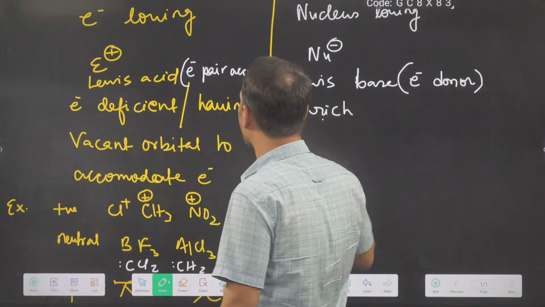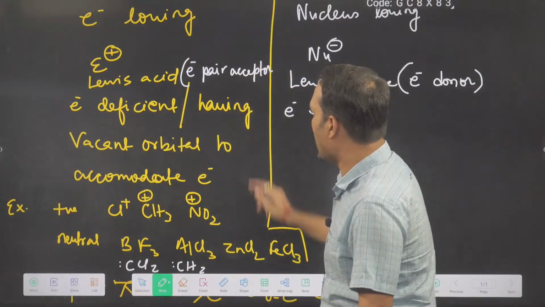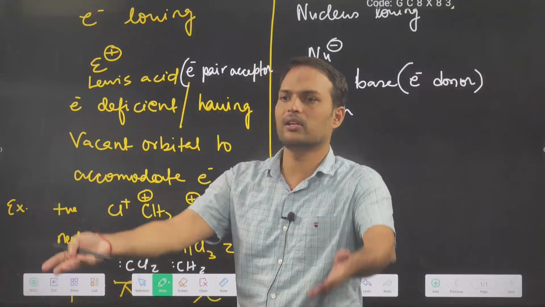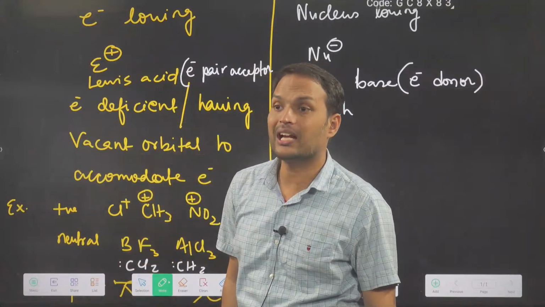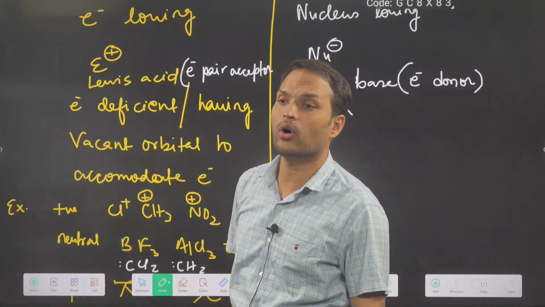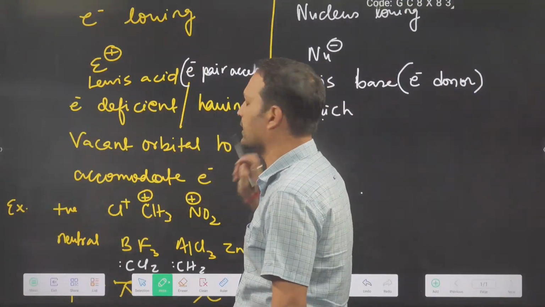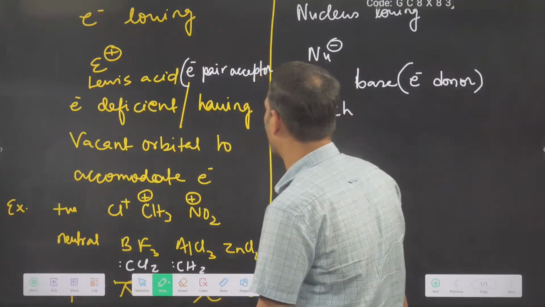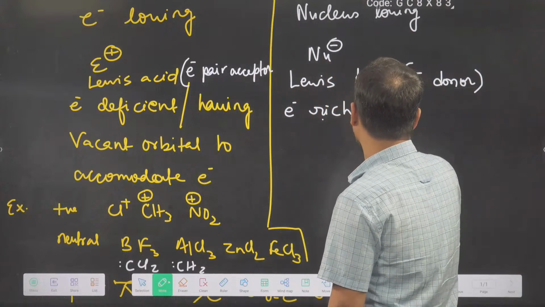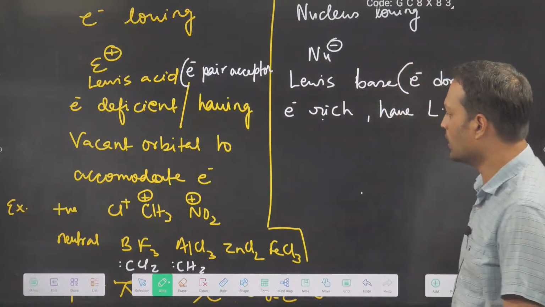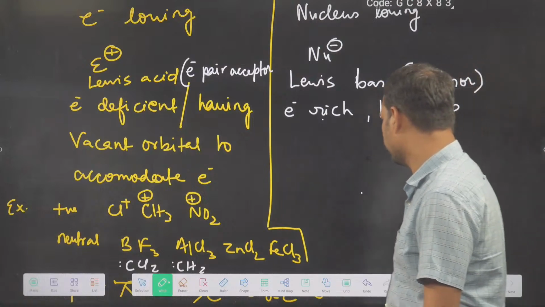They are electron rich. They have vacant orbital. If they are electron deficient, they will try to take electron. That means they should have a vacant orbital. So having vacant orbital to accommodate electron or to accept electron, you can say they are electron rich, have lone pair. They have what? Lone pair.